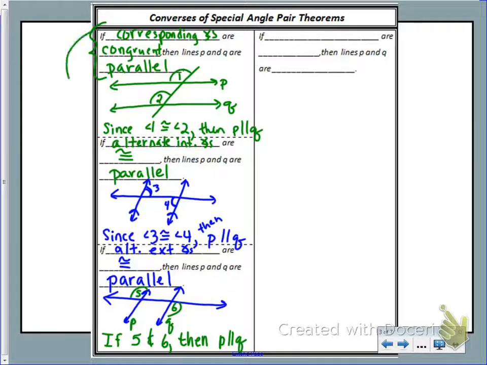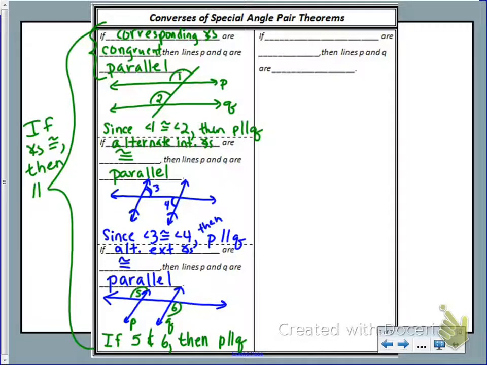So in summary, these three relationships tell us if the angles are congruent, depending on what specific angle relationship it is, the conclusion we can make is that the lines are parallel. Then the last type of angle relationship we're going to consider is consecutive interior angles, or same side interior angles. So if consecutive interior angles are supplementary, then the lines P and Q will be parallel.